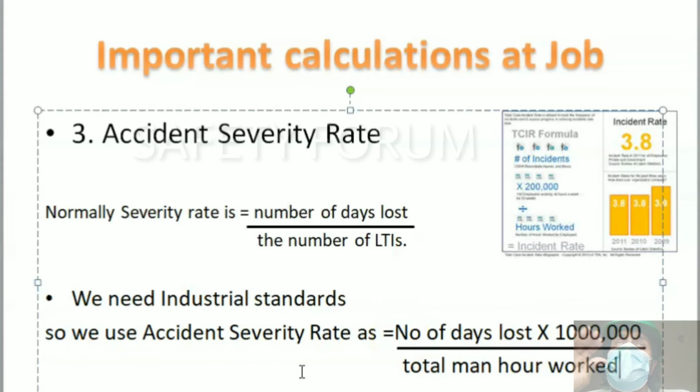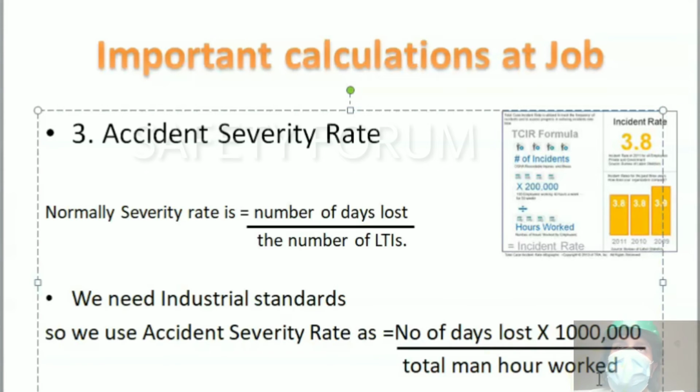But these values will differ, right? Considering industrial standards, the companies use this formula for the accident severity rate: the number of days lost multiplied by 10 to the power 6 divided by the total man hours worked.